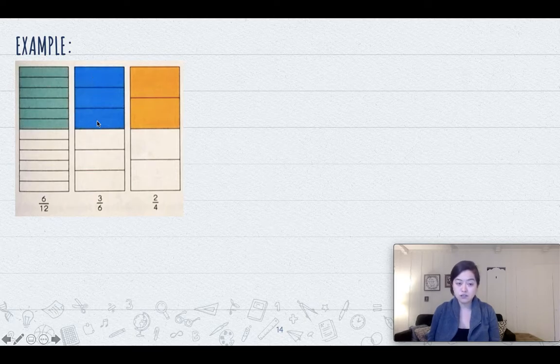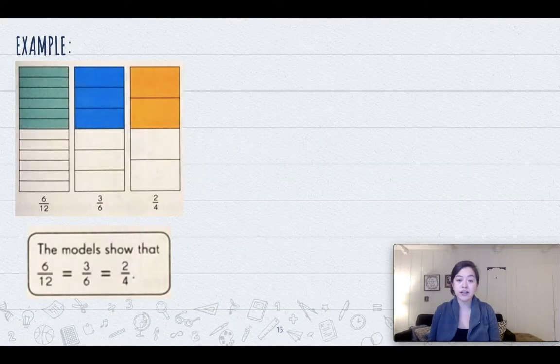These 3 different colored shaded parts represent the same parts of the whole. So they are equivalent fractions. 6/12 is equivalent to 3/6, which is equivalent to 2/4.